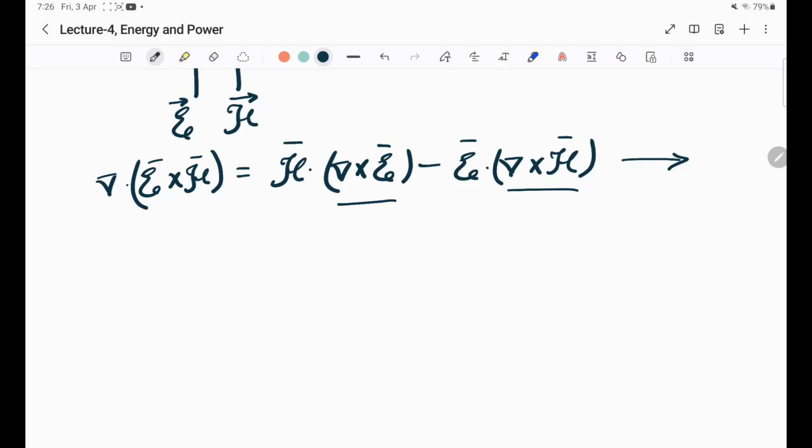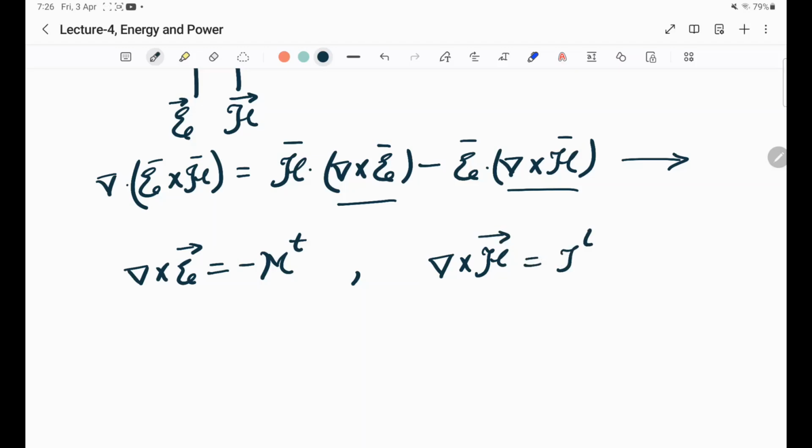We know from the concepts of the generalized current that del cross E is equal to negative of the total magnetic current M total, and similarly del cross H is equal to the total electric current J total.